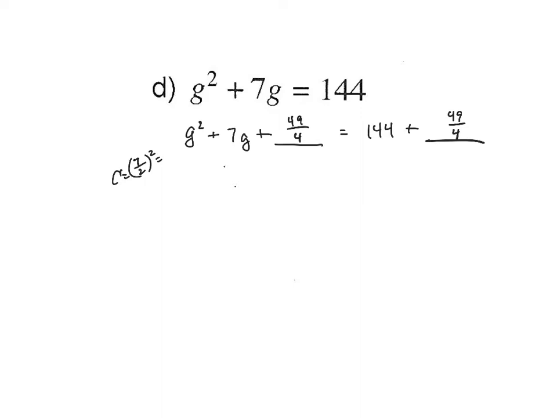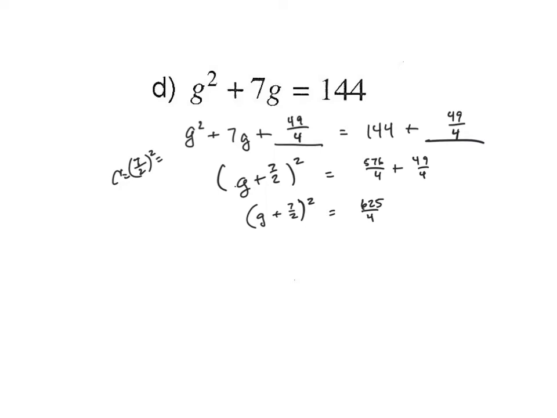When I factor the left, of course, I get g plus 7 halves squared is going to be equal to, what is this equal to over here on the right? So 144 should be 576 fourths plus 49 fourths, which simplifies to 625 over 4.